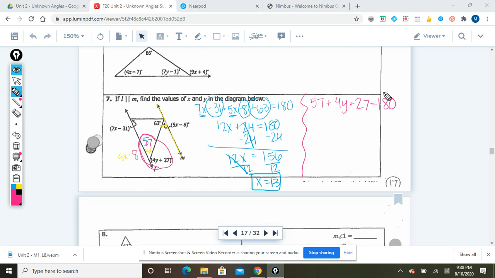So 57 plus 27 gives me 84 plus 4y should equal 180. I'm going to subtract 84, subtract 84. I get 4y equals 96. Divide both sides by 4, and I get y equals 24.